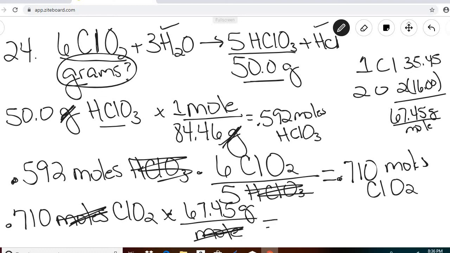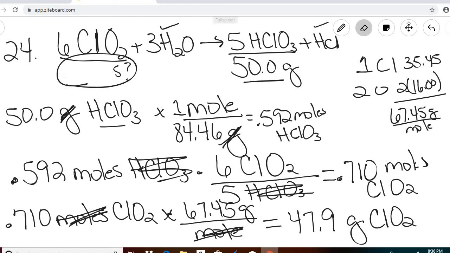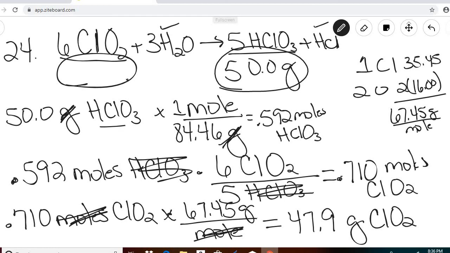And we finally have our answer, which is 47.9 grams of ClO2. So if you want to make 50 grams of this, then you would need this much.